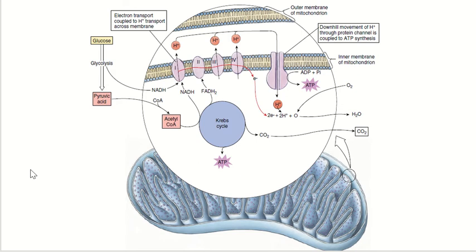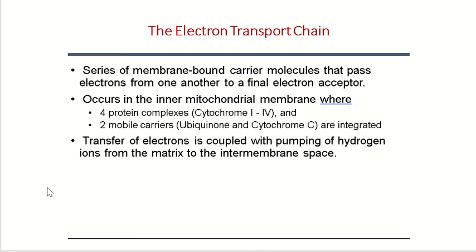Again, as we have discussed, NADH and FADH2 from the Krebs cycle occurring within the mitochondrial matrix, and the NADH from glycolysis, will participate in a series of membrane proteins located in the inner mitochondrial membrane, collectively known as the electron transport chain.